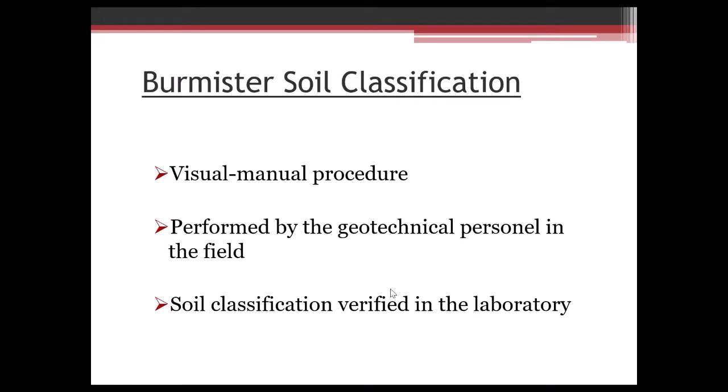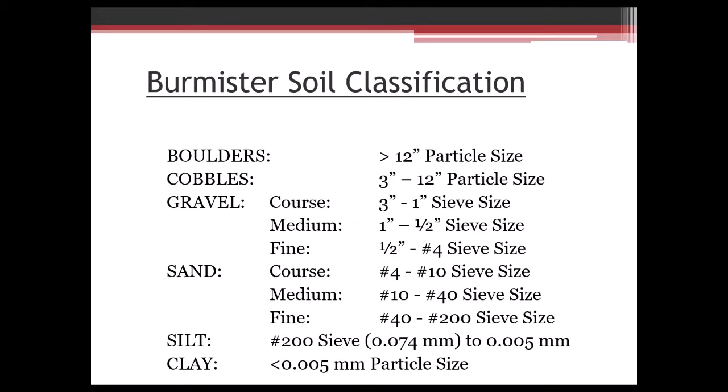And again, this is where I say we like to take the sample out and play with it and push it around on the table and see how it rolls. Maybe it rolls out to a real fine ribbon. Maybe, you know, it's a coarse sample, so it's all gravel, it's all sand.